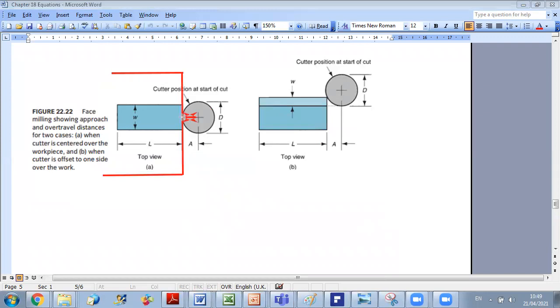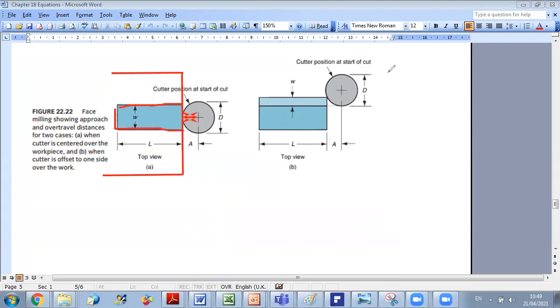And in case D is smaller or equal to W, the approach distance is D over 2. In case D is larger than W, it's given by the relation we have seen in the past. And if D is smaller than W, then we will remove material. We will create a slot inside the material.